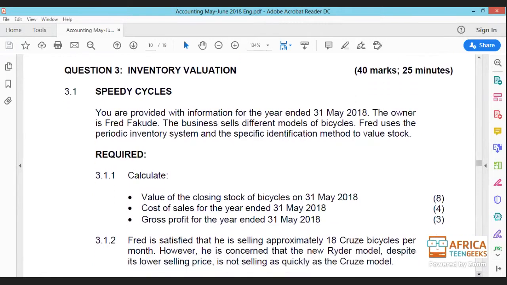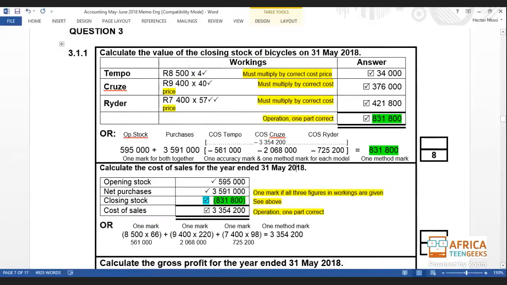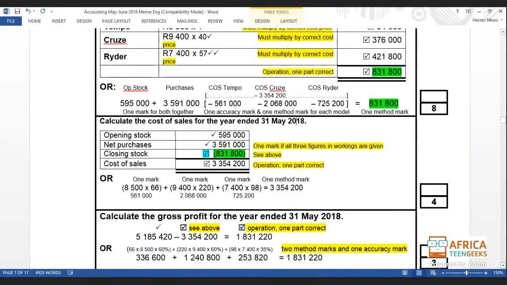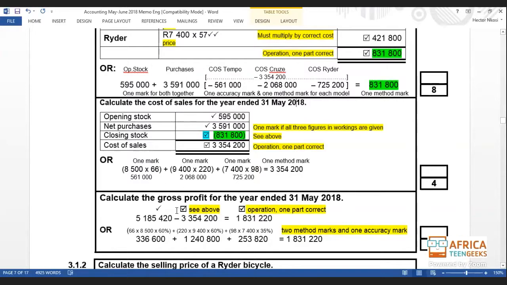Now let's look at the last bullet. It says gross profit for the year ended 31st May 2018. So we know gross profit is sales less cost of sales, right? So you've got your sales given, less your cost of sales. Your cost of sales, remember, you got from your previous answer. And even here, you're going to get what?